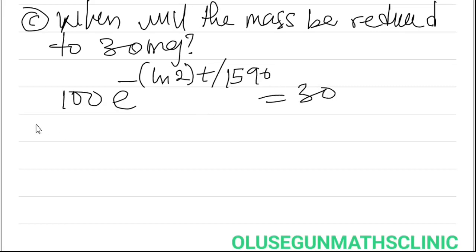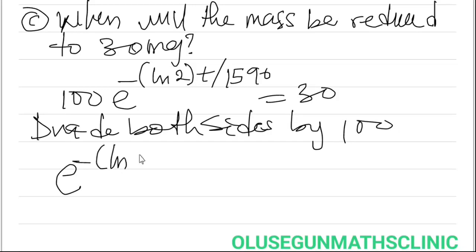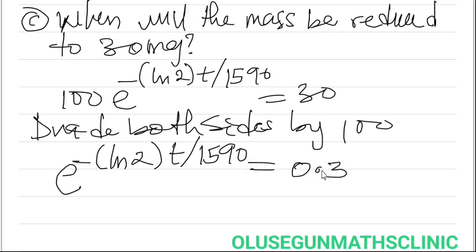So by the time you divide both sides by 100, we have exponential minus ln 2 t divided by 1590 is equal to 0.3.